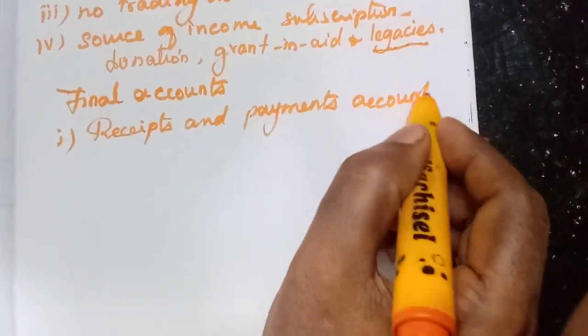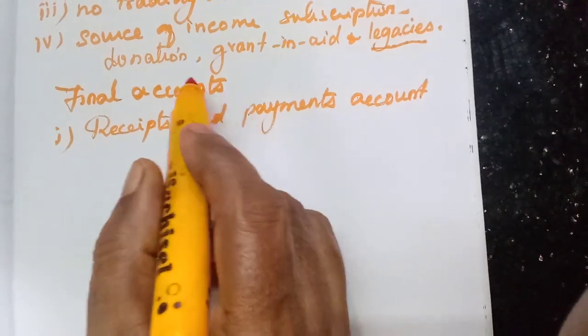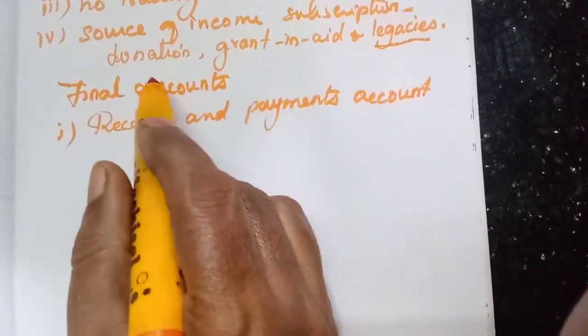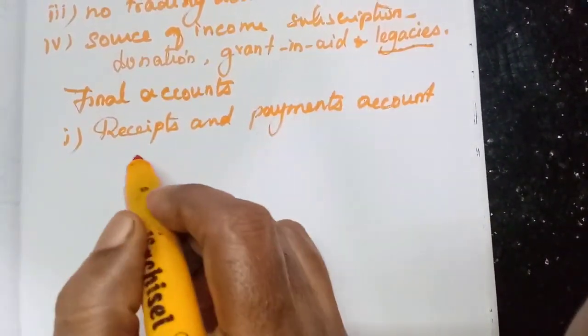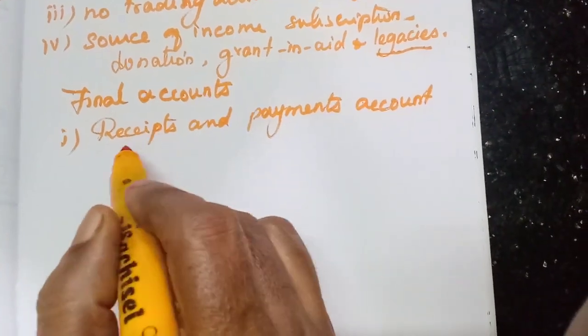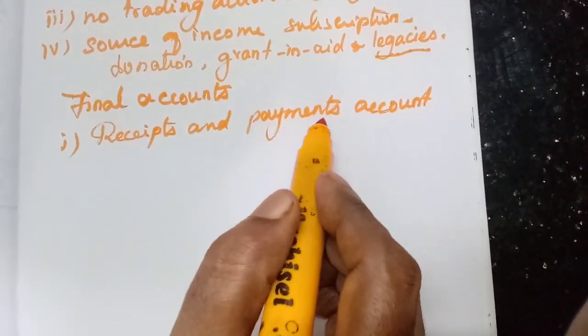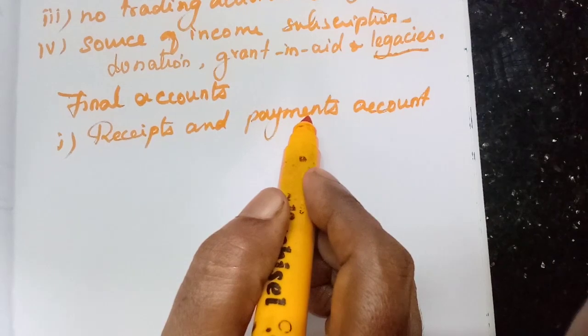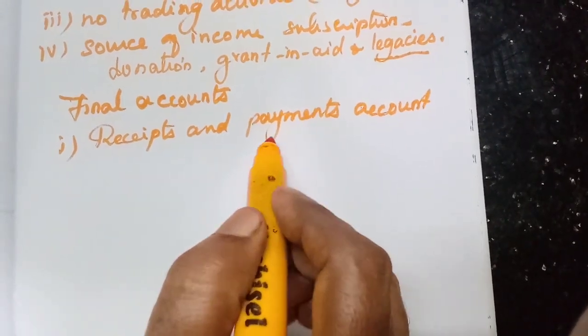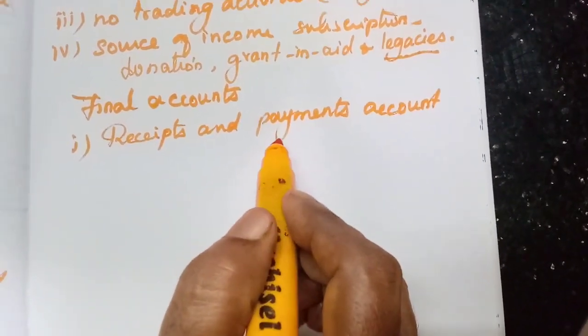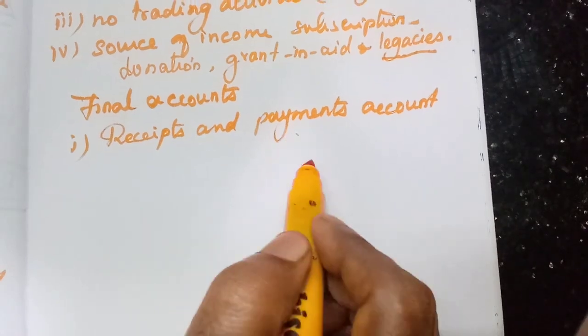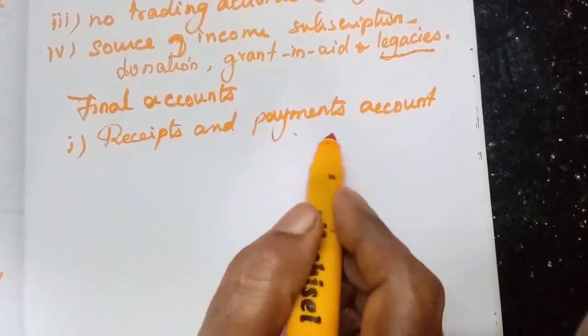Because they receive through subscription, donation, grant in aid, legacies, they have to prepare the receipts and the payments. Any payment that they make, maybe the expenses they have made, all these they have to enter on the payment side. So receipts and payments account.